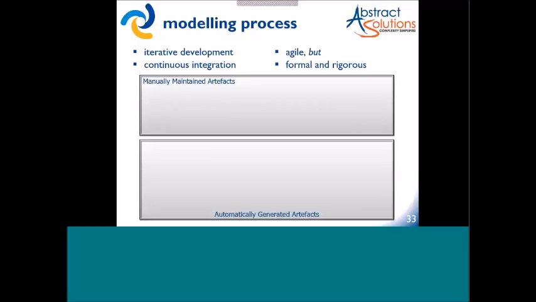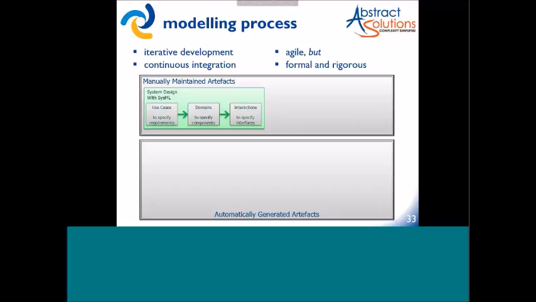Such models are delivered as part of a process. We're not just sketching a few diagrams on pieces of paper. What we're doing is building a set of deliverables that are core to the development process through a series of model artifacts.